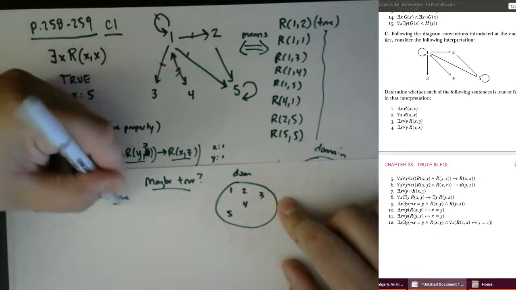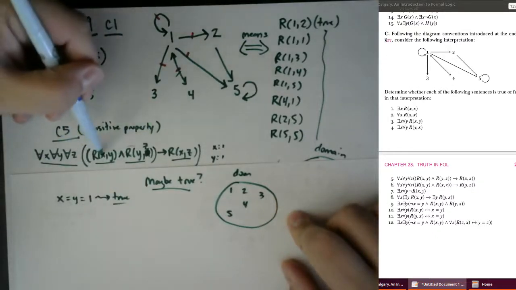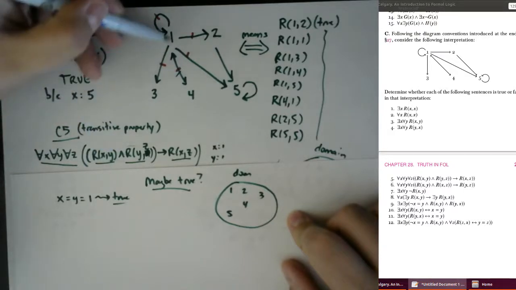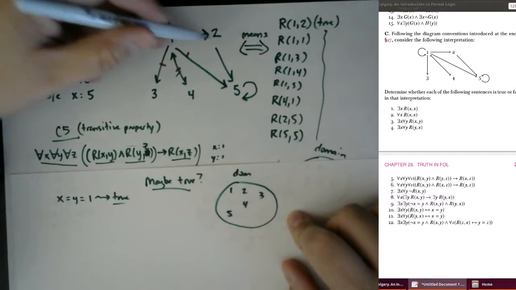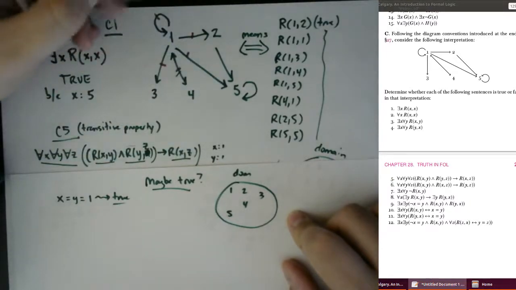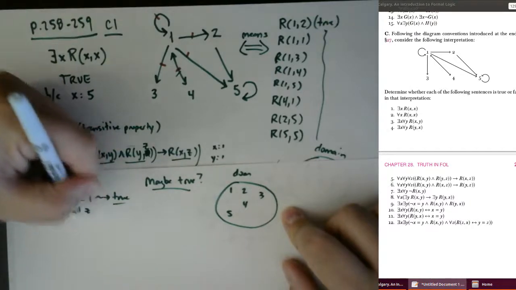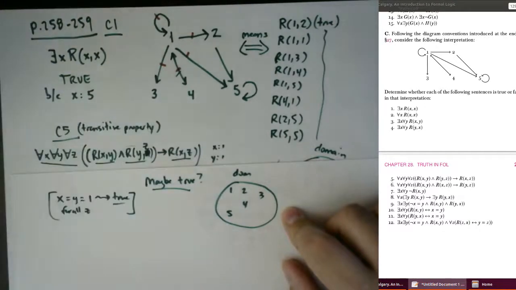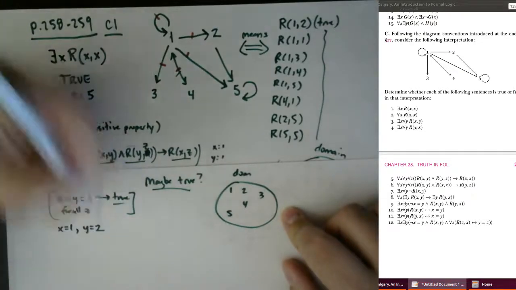No question about it. Why? Because that would make this one true, because 1 maps everywhere, and that would make this one true because 1 maps everywhere. So for all Z, that's done.